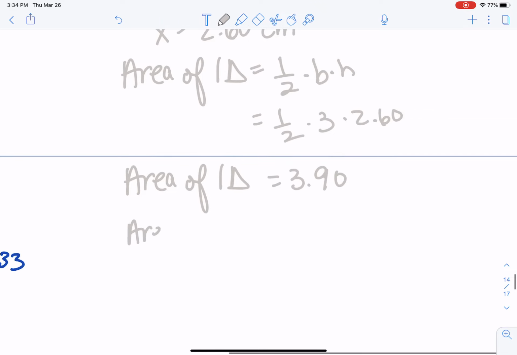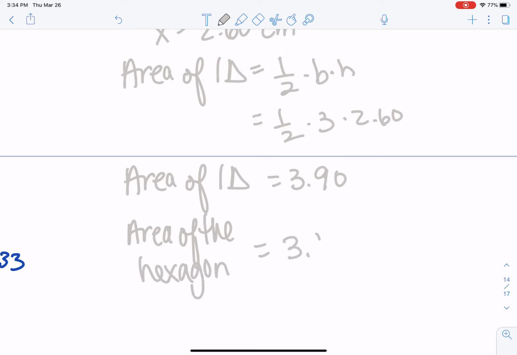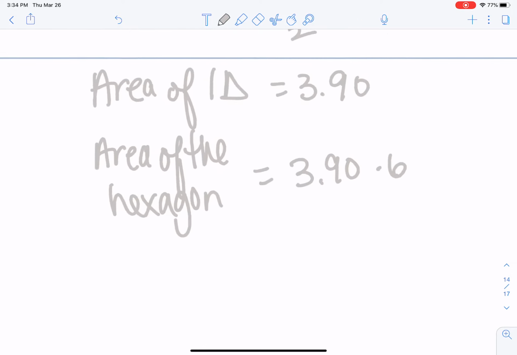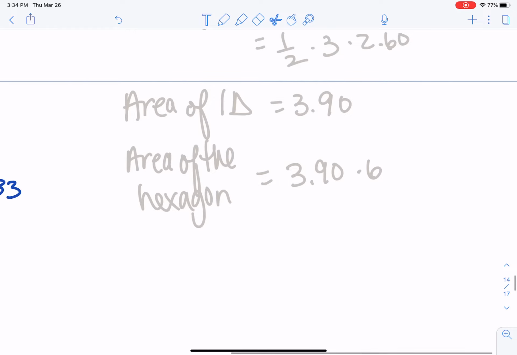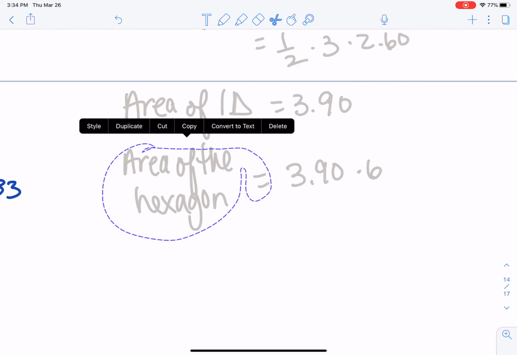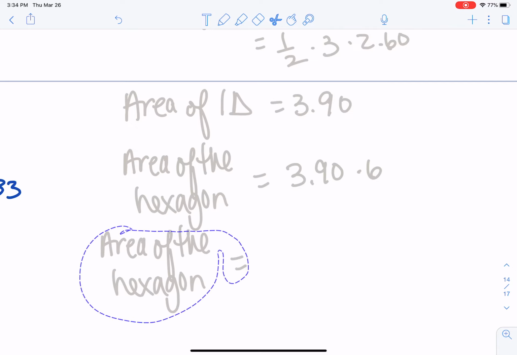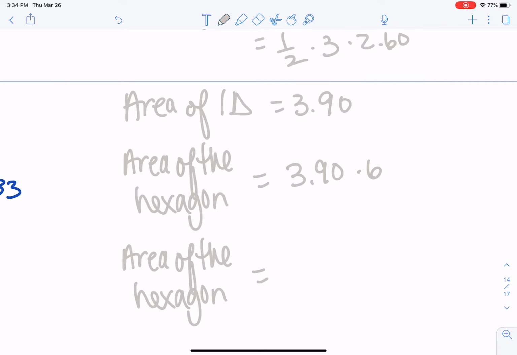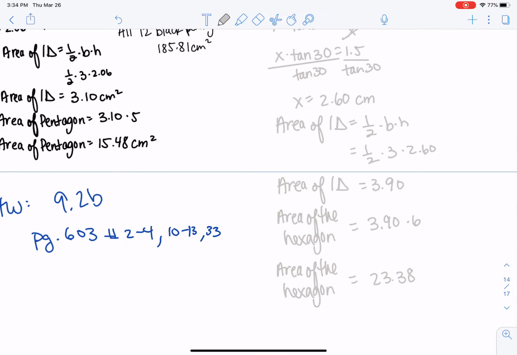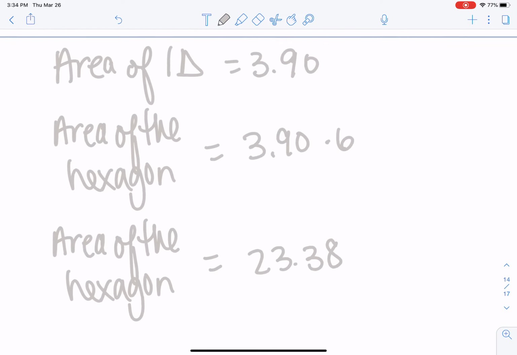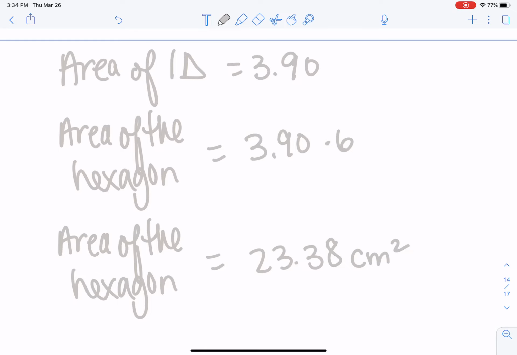So the area of the hexagon is 3.90 times 6, and I got 23.38. So the area of the hexagon is 23.38, and the unit was centimeters squared.